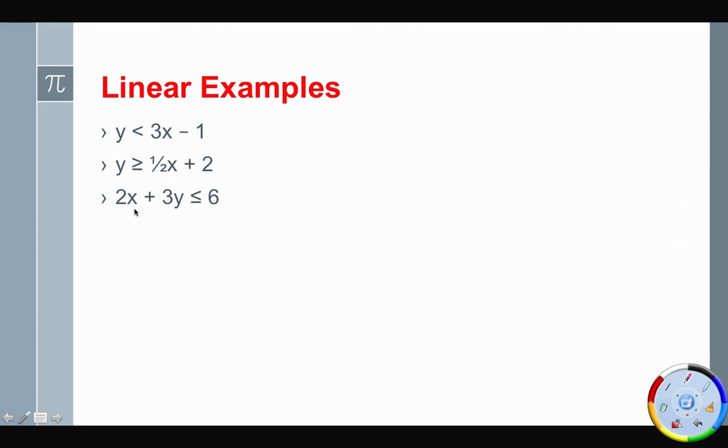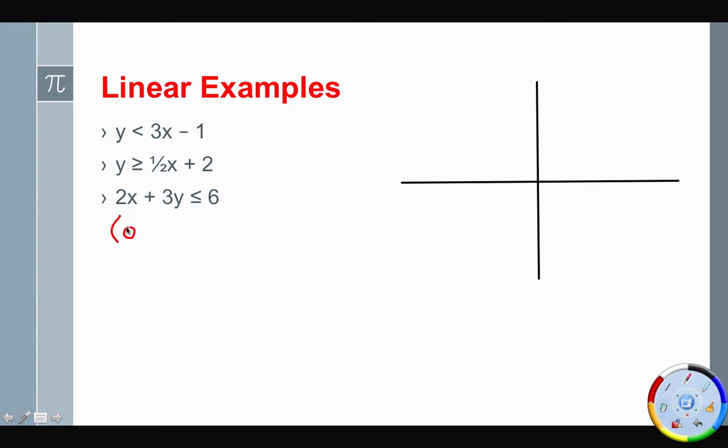I have one in standard form for a very good reason. When I set up my axes, if an equation is in standard form, one of the easiest ways to graph it is to find the intercepts.